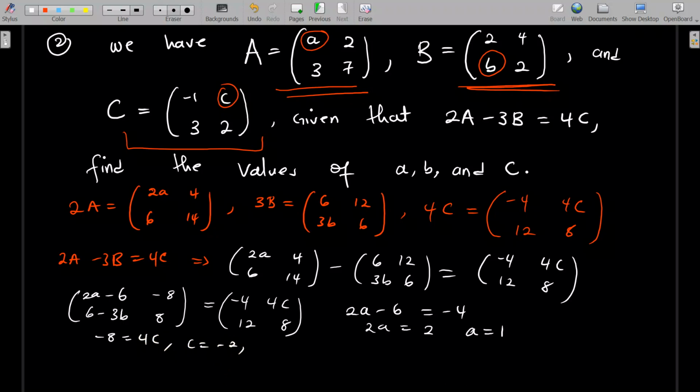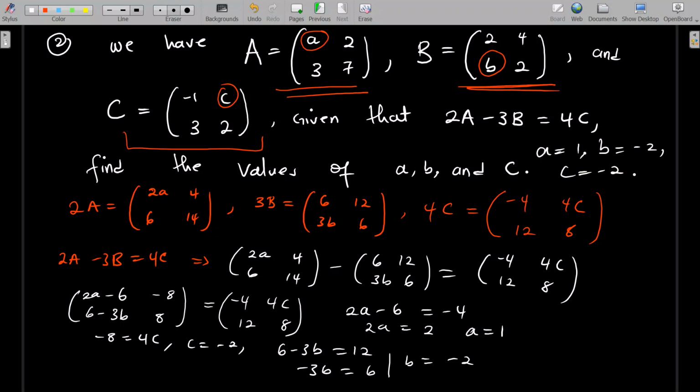And then the other one is 6 minus 3b should be 12, so negative 3b is equal to 12 minus 6, which is 6, and b should be equal to negative 2. So I have a to be 1, b to be negative 2, and c to be negative 2. All of these use summation and equality of matrices.